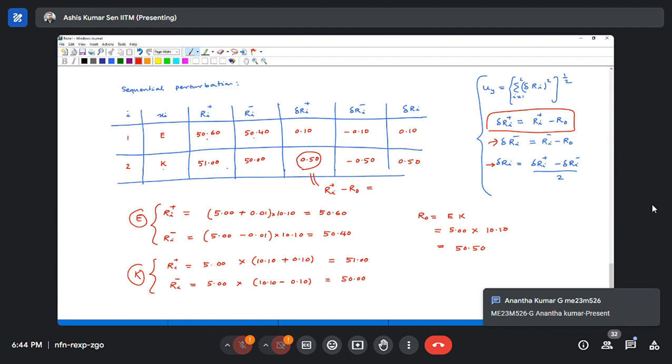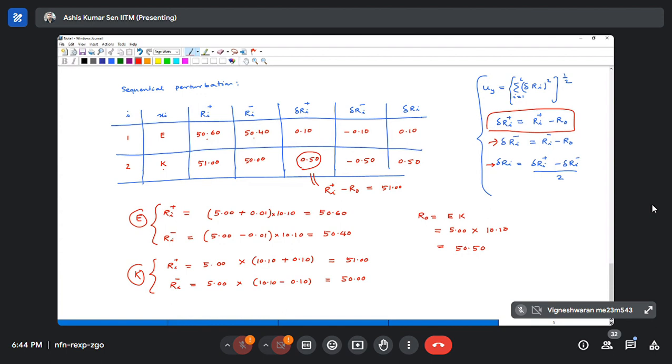That is, Ri plus we have already found, 51.00. R naught is 50.50. That is equal to 0.50. Similarly, delta Ri minus is 50.00 minus 50.50, that is minus 0.50.